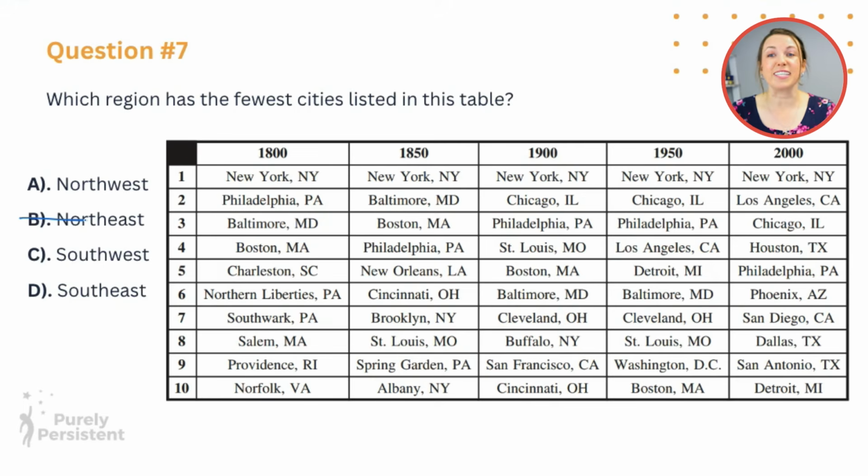Especially as we look into the 1950s and 2000s. And then our southeast would be cities like Miami, Atlanta, New Orleans, right? So this not as much as some of the other areas, but it is still a little bit prevalent, right? We still do have a few of those cities, just not quite as much.